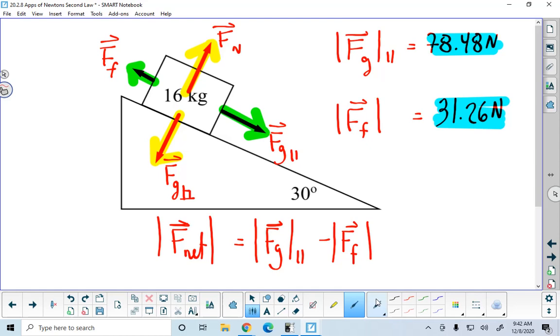And what that really means, everybody, is if we subtract these two forces I've highlighted in blue, that's equal to ma. Right?